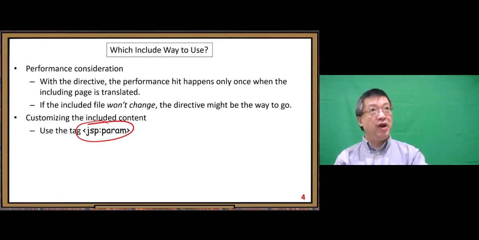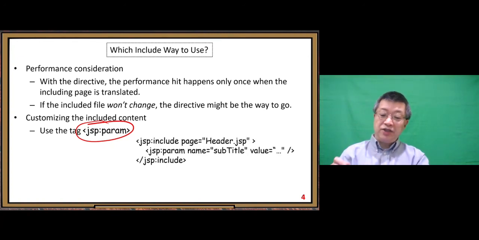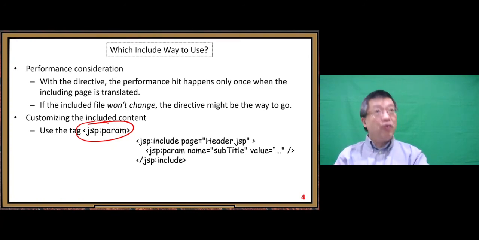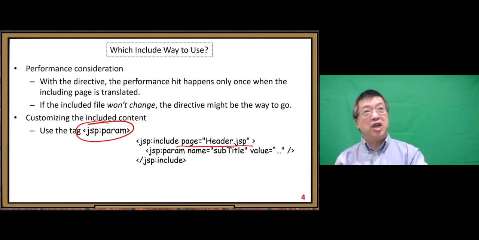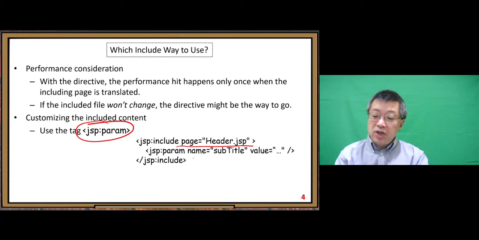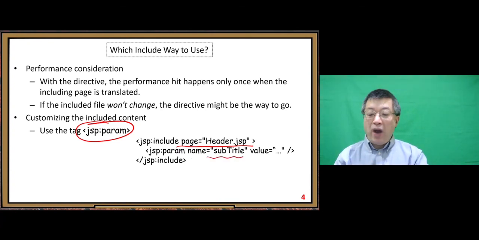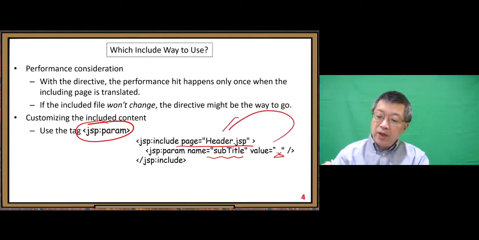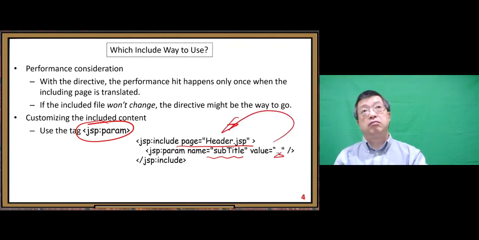Here it is very useful. The syntax is like this: the jsp:include tag includes the JSP, and now you want to pass some special parameter with a certain value into that included JSP. Sometimes you need to do that, so this way is better. This way you have the chance to do data passing.